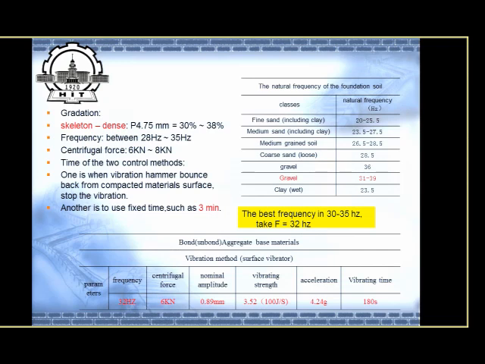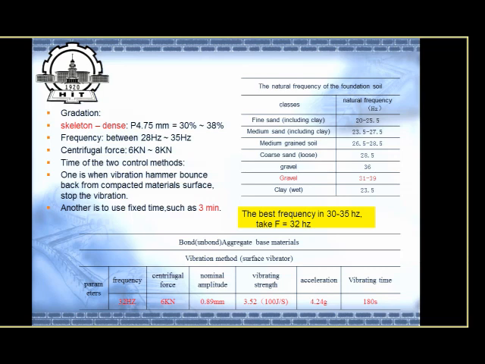Because in China, we often use this type of gradation to construct the base. The passing of the 4.75 is about 30 or 38, and the natural frequency of the material, like gravel, is 33 and 39.